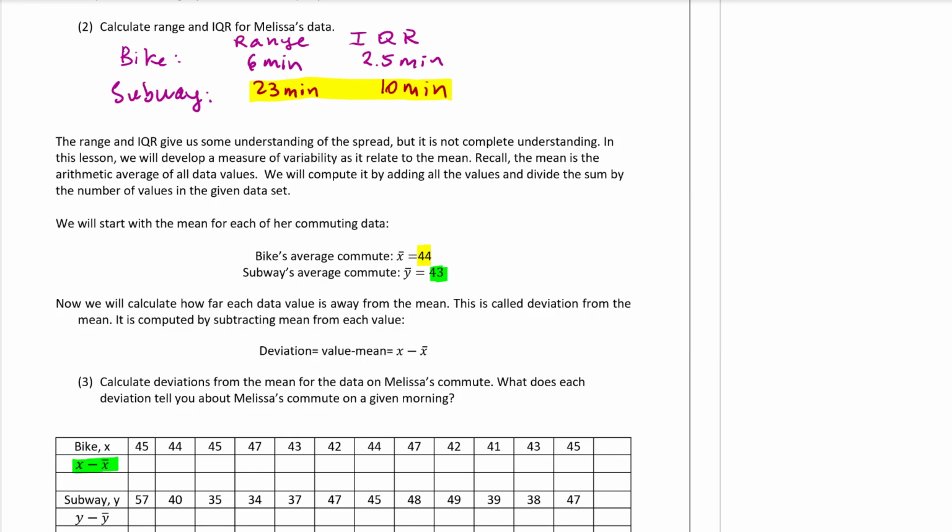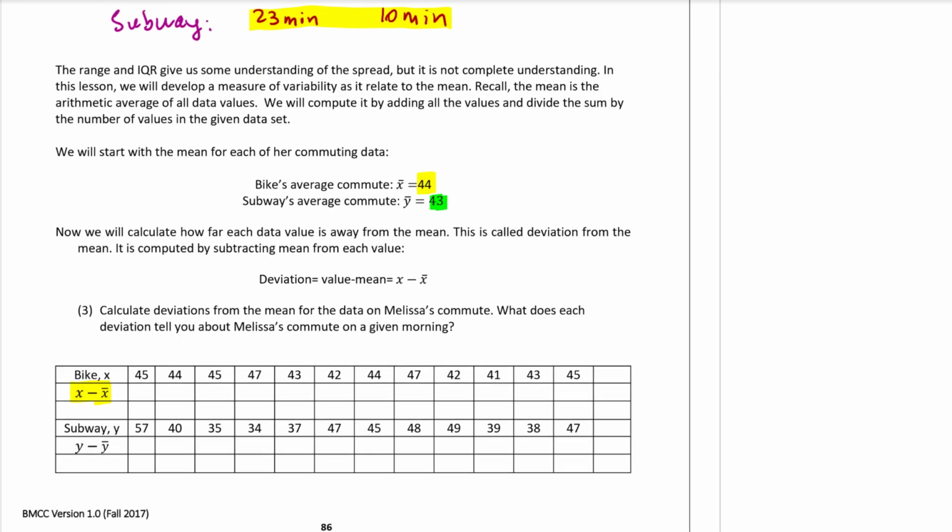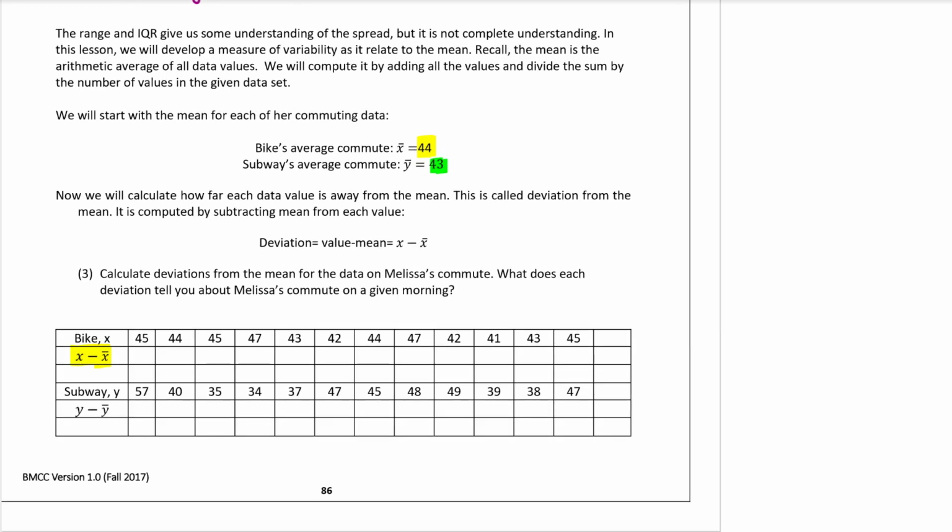Let me be consistent with my highlighting, so I'll highlight bike with the yellow highlighter, and then we're going to start computing it. And this x minus x bar simply means the deviation from the average. Okay, so the x bar is the average, and we're going to calculate that deviation.